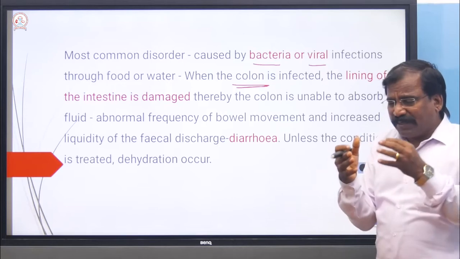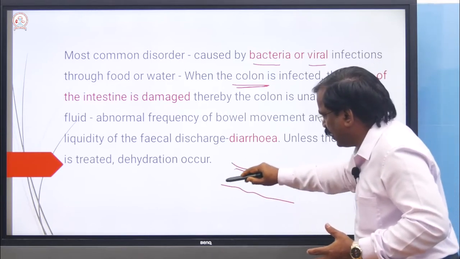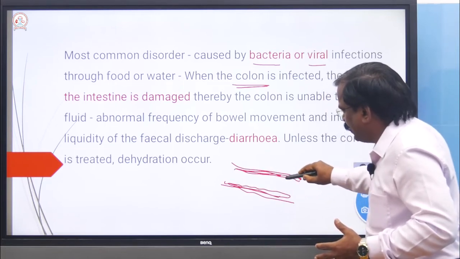These microbes damage the large intestine. There is a mucous membrane, that protective membrane, so that damages that mucous membrane.